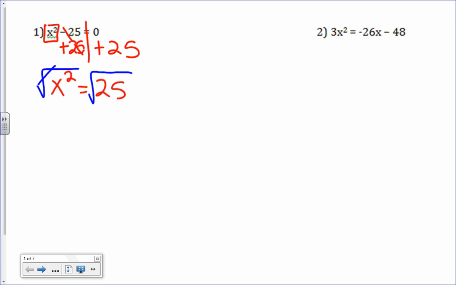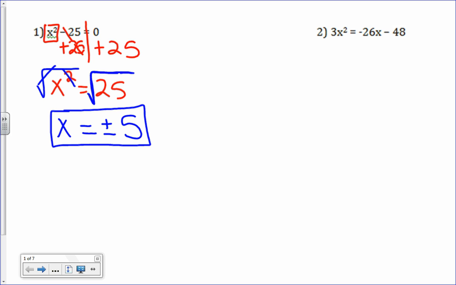The square root cancels the square, and you're left with x equals 5. Now, when you solve by taking the square root, as soon as you take this square root, you must write plus or minus in front of your answer so that you have two solutions. So x is positive and negative 5 is the answer to number 1. You could also get the same thing using the quadratic formula.